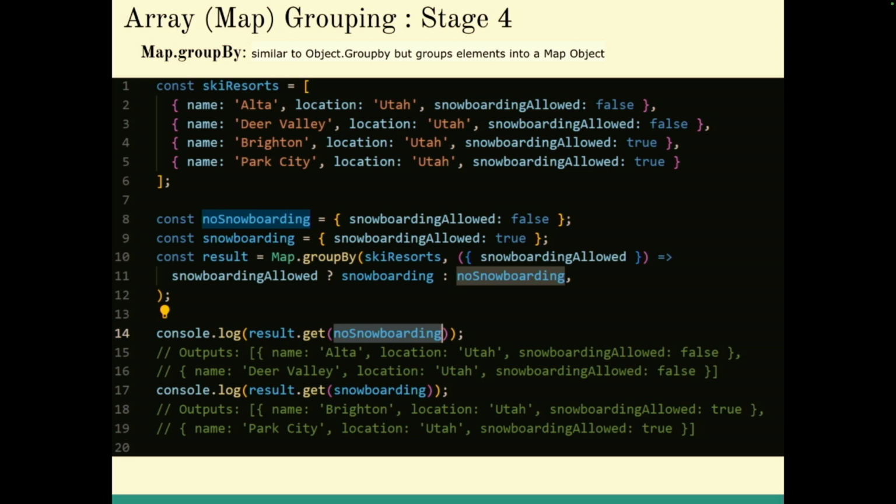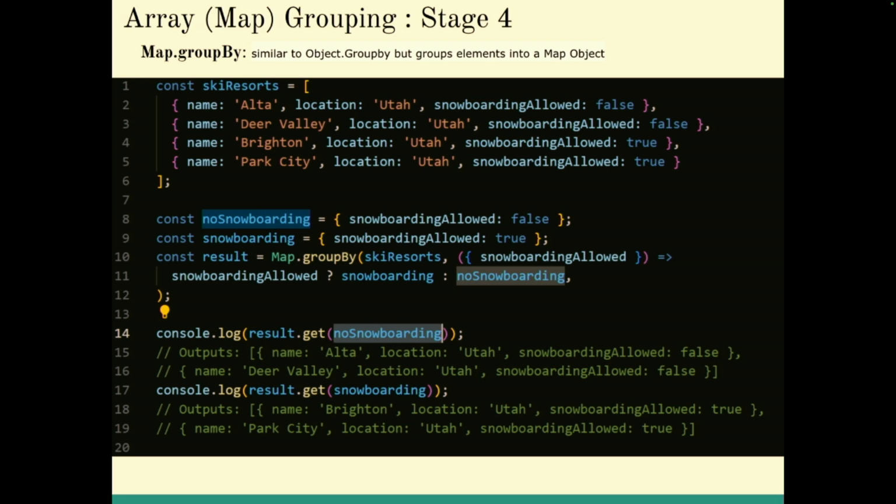In this example, we have a bunch of ski resorts, and if you're not familiar, certain ski resorts in Utah do or do not allow snowboarding. Alta and Deer Valley do not allow snowboarding. If we look at lines 8 and 9, we have the two different keys for whether or not snowboarding is allowed.